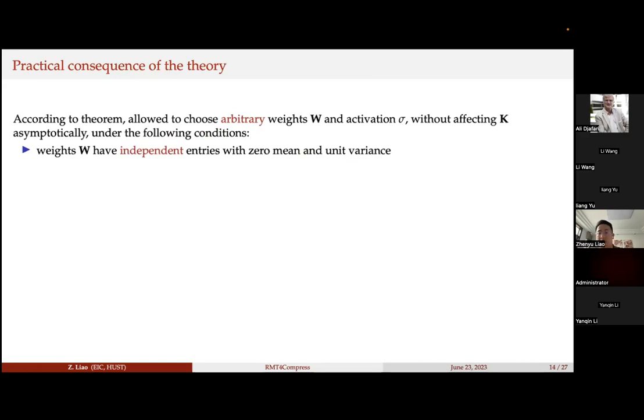With this result, we can basically choose an arbitrary weight matrix distribution W, because it's not going to change the behavior of the kernel a lot, and we also have a pretty large degree of freedom in the activation function sigma without basically affecting the behavior of the kernel matrix a lot.